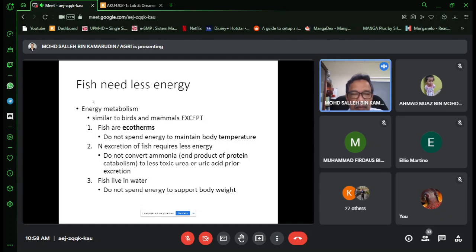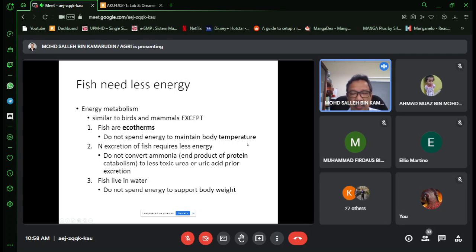Alright, compared to terrestrial animals or other livestock, fish need less energy because of lower energy requirement and metabolism, because fish are ectotherms, maknanya dia tak perlu sangat memaintain dia punya body temperature.